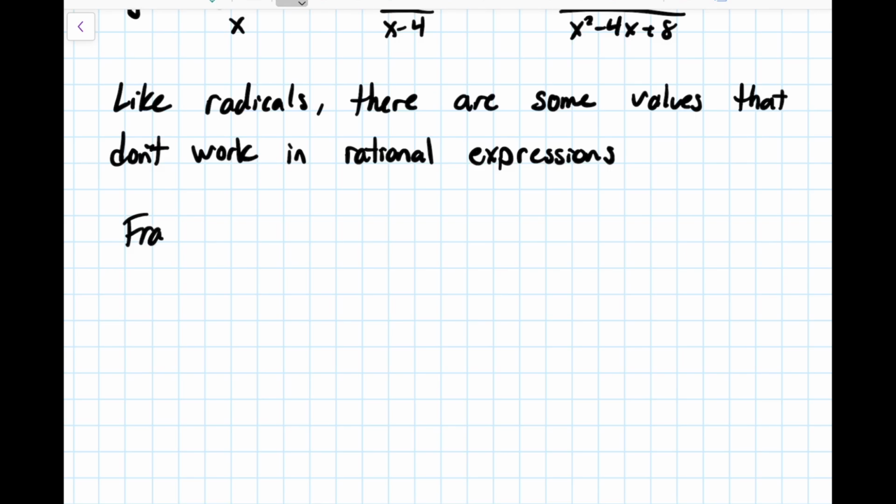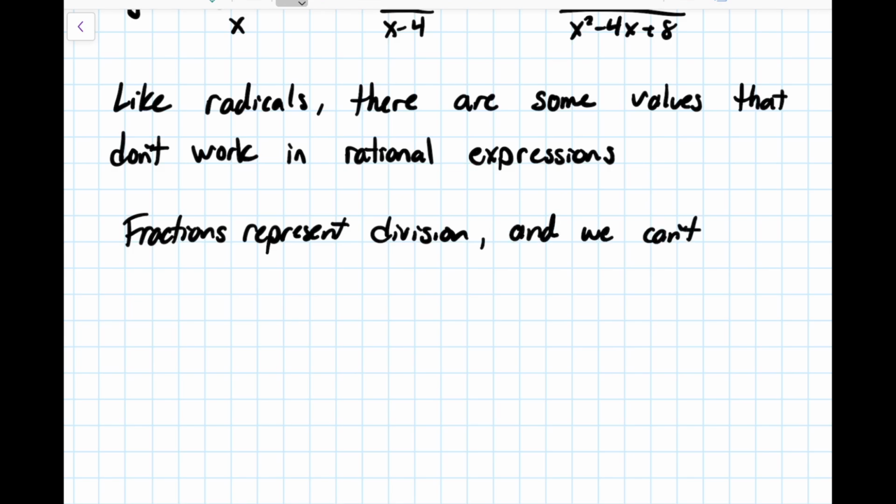The key thing to remember is that a fraction represents division. And if you think about division, remember there is a specific number that doesn't work, and that number is 0. We can't divide by 0, ever.